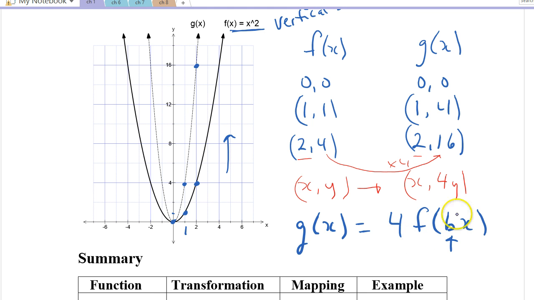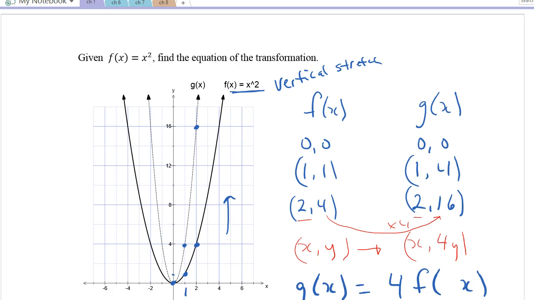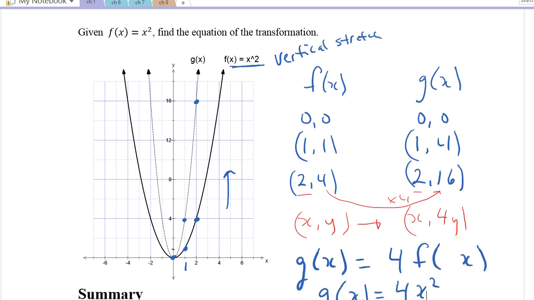Since my x values are not being multiplied at all, I can just erase those. There we go. So I could just write g of x is equal to 4 times f of x. I could also write it as g of x is equal to 4 times x squared. Okay, so that's the first way of looking at it as a vertical stretch.